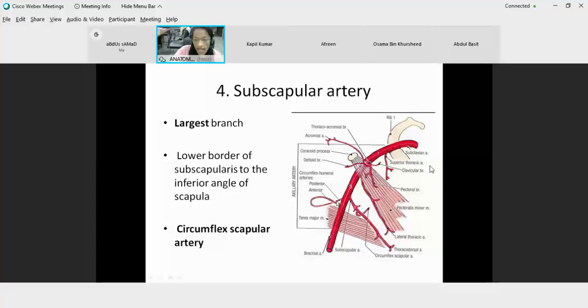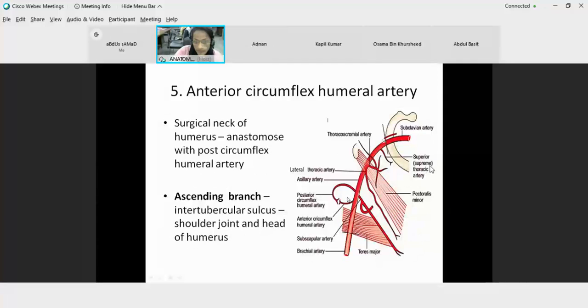Ma'am, the slide you have shown for the third part of the axillary artery, on the dorsal side, it was written subscapularis and teres major. But in BDC, page number 55, it is written latissimus dorsi and teres major. Just clear this confusion. Which branch?